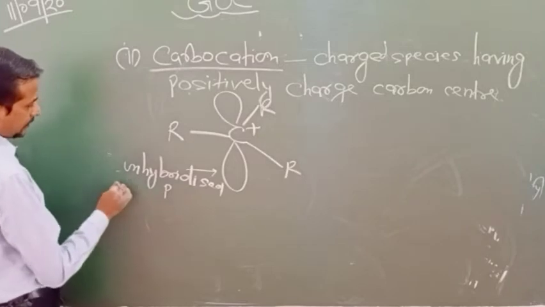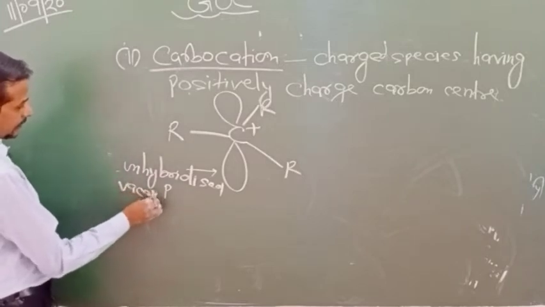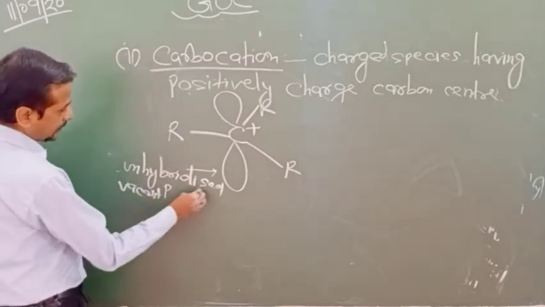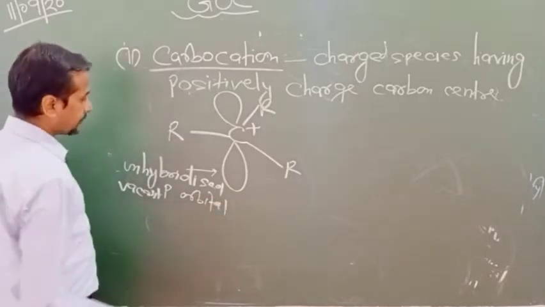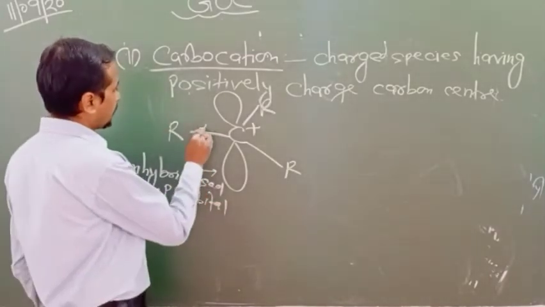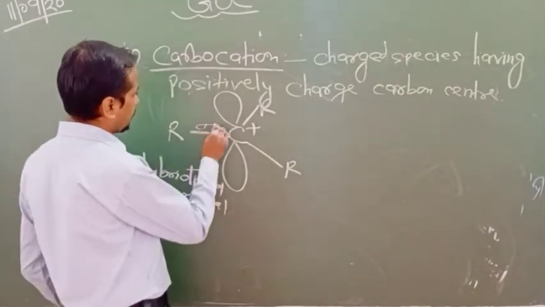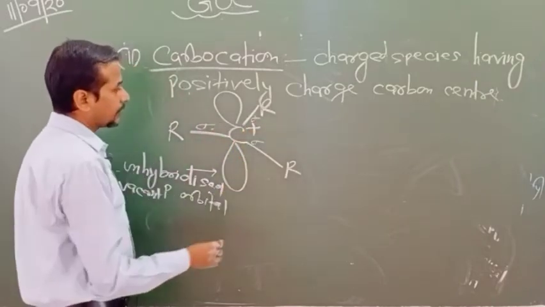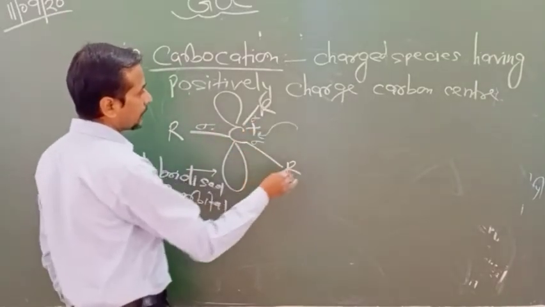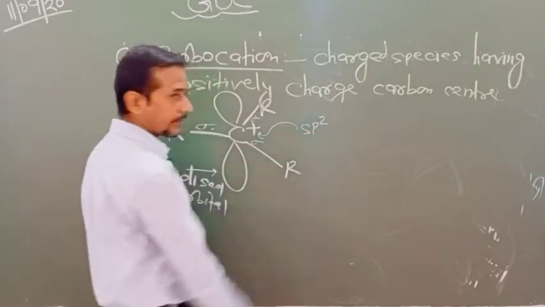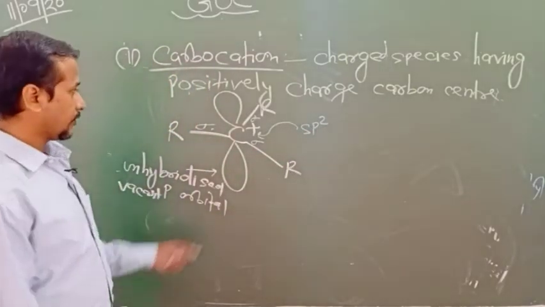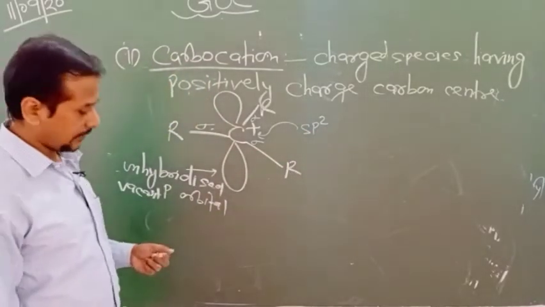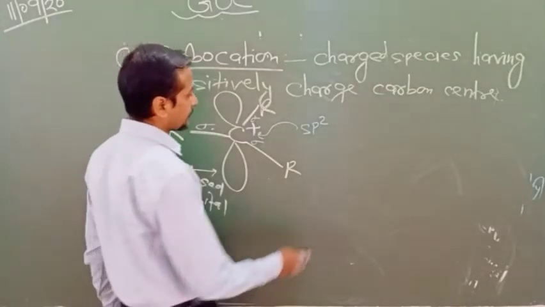Either you can say vacant p orbital. This is sigma. Now the hybridization of this carbon is sp2, just like free radicals. Free radicals and carbocations are sp2 hybridized carbons.